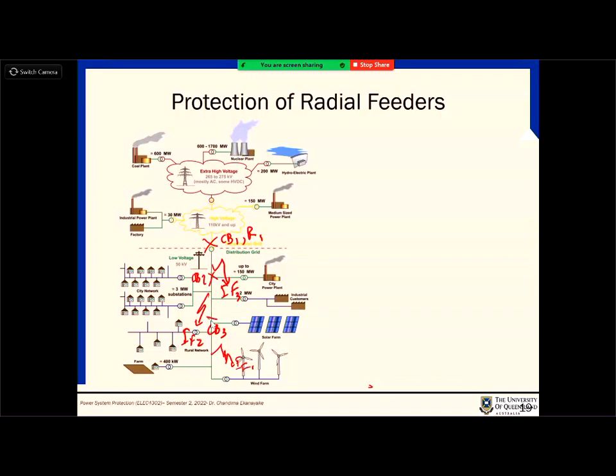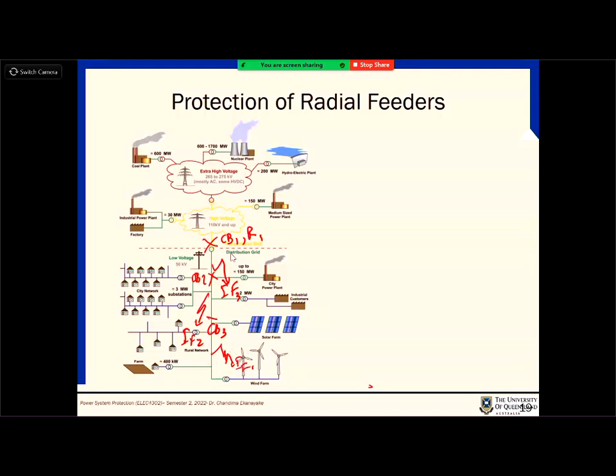Now, once you introduce these sort of things, another important question comes. How do I control this? Earlier, circuit breaker 1 disconnected the whole system. Now, when this fault IF1 occurs here, I have to stop the operation of CB1. Before CB1, I have to operate CB3. So how are we going to do that? That is the question. If circuit breaker 3 operates, that's fine.